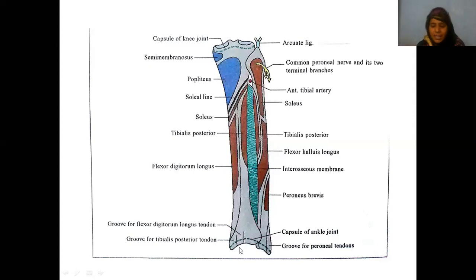This we will discuss again when we are doing arches of foot. This mechanism is important in maintenance of arches of foot. But for now, osteology wise, you remember medially we have flexor digitorum longus, but the tendon is moving laterally. Tibialis posterior origin is lateral, but the tendon is moving medially. Okay, beta? So like that you try to remember.